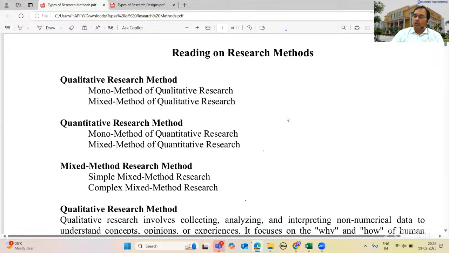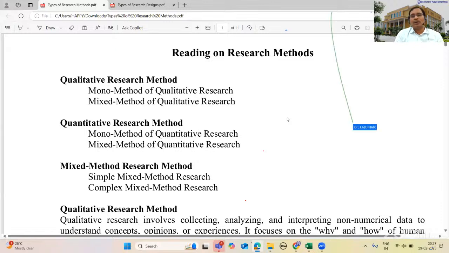In both cases, you're trying to quantify. You already have quantitative data measured in terms of nominal scale, ordinal scale, ratio scale or interval scale. Then based on that, you will run the analysis.